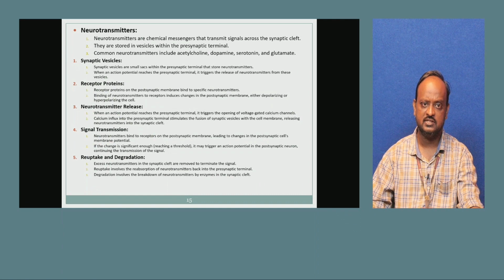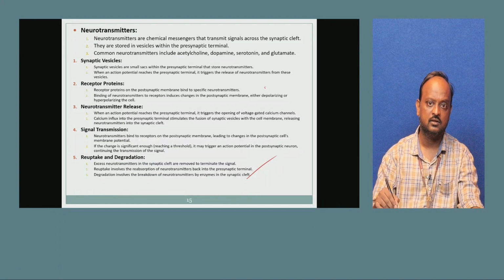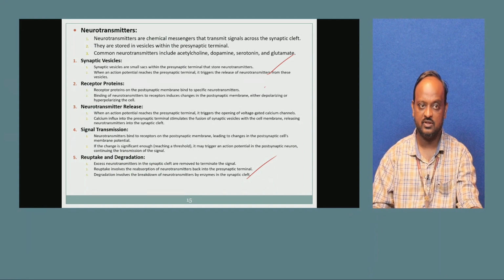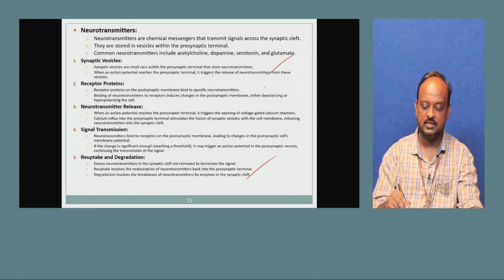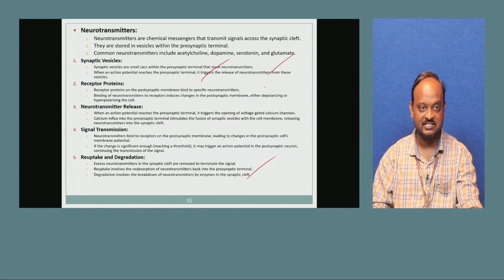Then other important terminologies: neurotransmitters, important ones like acetylcholine, dopamine, serotonin and glutamate. These are the important neurotransmitters released from the presynaptic neuron, going and binding to the receptors on the postsynaptic neuron. Synaptic vesicles are tiny sacs released by the presynaptic neuron. These sacs carry the neurotransmitter and release it into the synaptic cleft with the help of exocytosis.